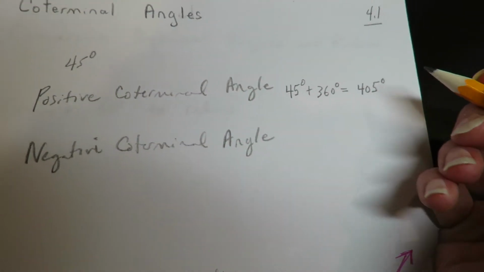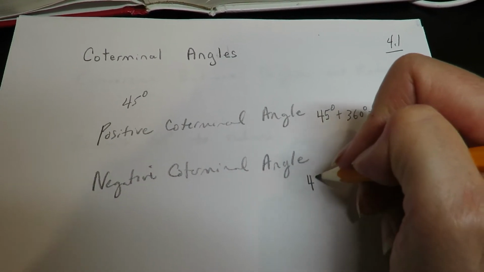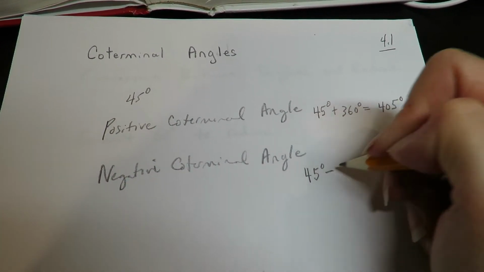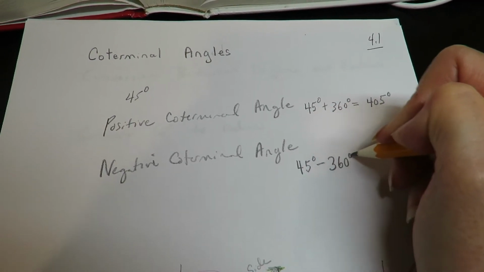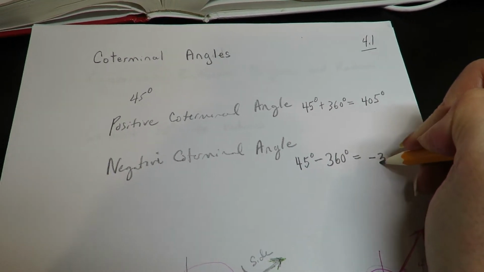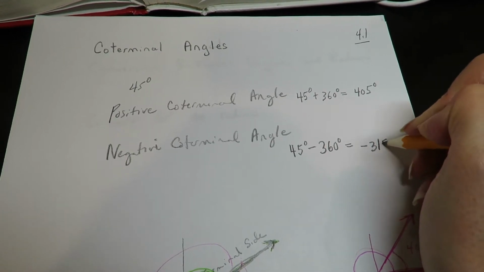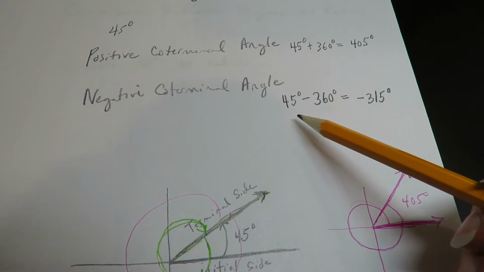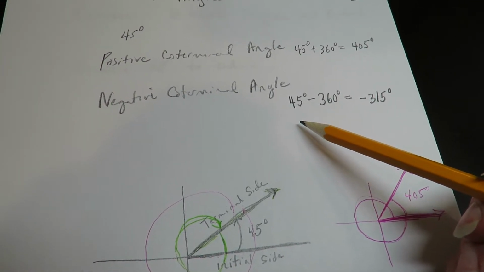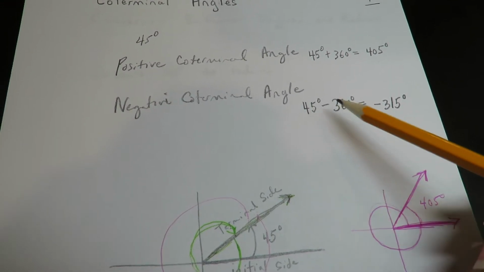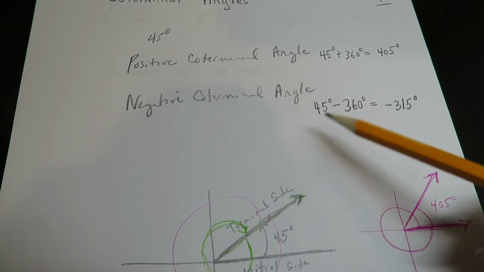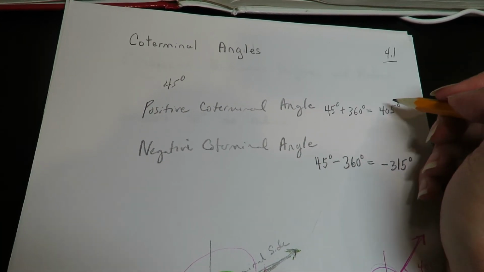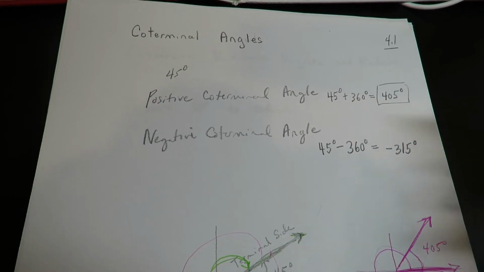So instead of adding 360, you're going to subtract 360, and make sure your answer is negative. Again, this is just a standard rule. If you're starting with an angle like 900, you're going to have to subtract 360 more than once before it starts going negative, okay? So this is just the general idea.